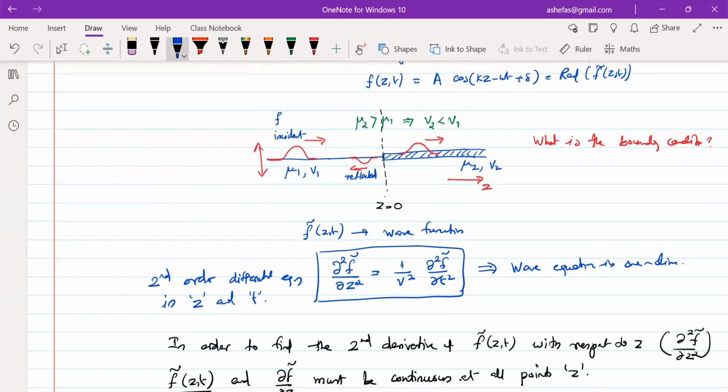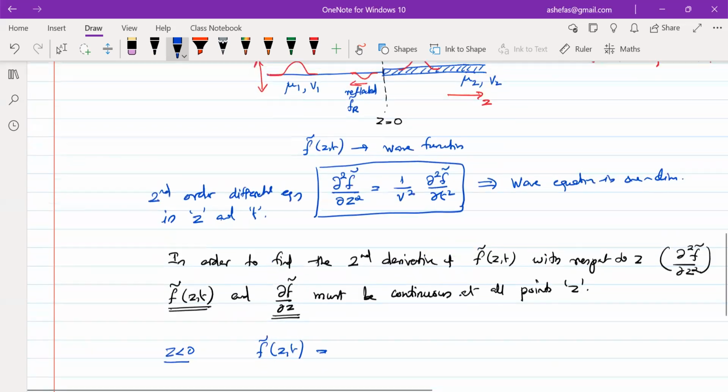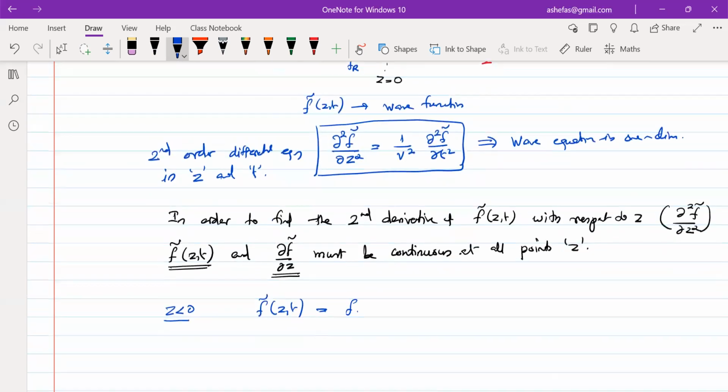The incident wave we represent by Fi and the reflected wave by Fr. So f tilde of zt is Fi tilde of zt plus Fr tilde of zt, for z less than 0, on the left side.